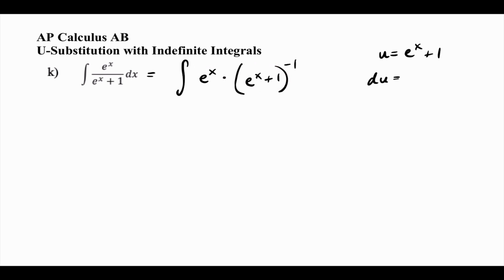So what is the derivative of e to the x plus 1? e to the x dx, right? Plus 1 goes away because the derivative of 1 is just 0. Okay. Divide by e to the x.